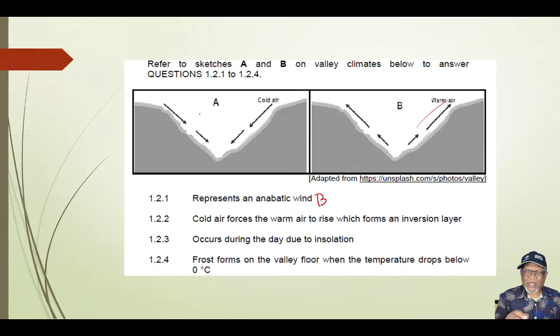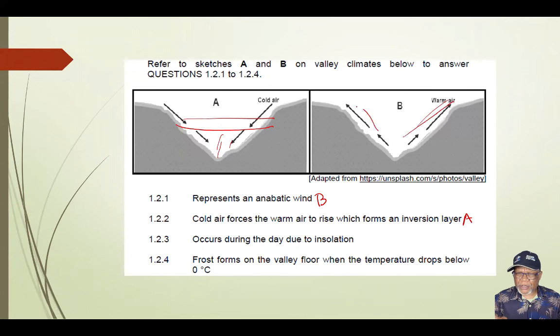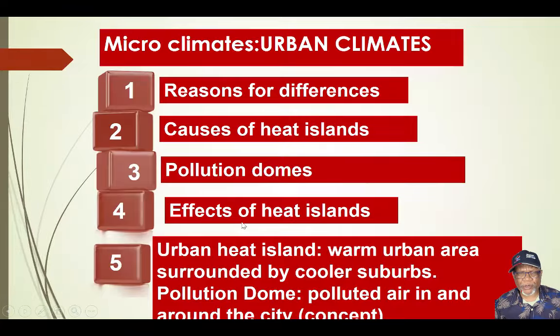The inversion layer is formed when this cold air forces the warm air to rise, which is going to be at A. Occurs during the day due to insolation: this is B. Frost forms on the valley floor when the temperature drops below freezing point, which is at A. These questions are so similar. When it comes to valley climates, I expect everybody to get 100% from the questions.